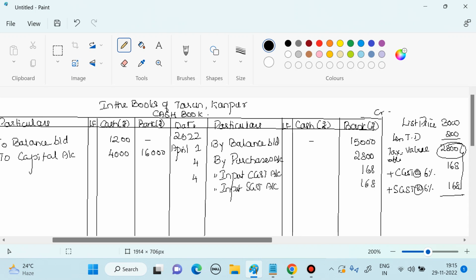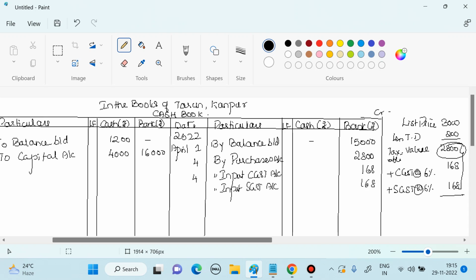Is it clear to everybody? Very good. This was a transaction of purchase with trade discount and GST.